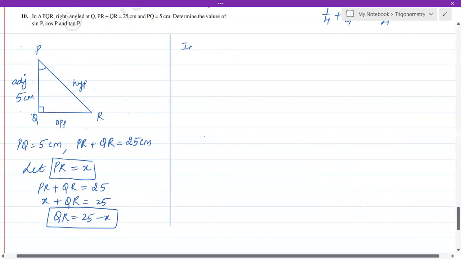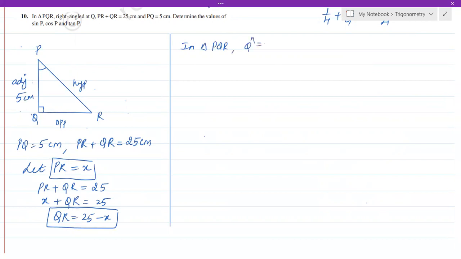So in triangle PQR, angle Q is 90 degrees. Therefore, using Pythagoras theorem, what do we get? Hypotenuse is PR. So PR square is equal to PQ square plus QR square. What is PR? We have taken it as X, so it will become X square. What is PQ?